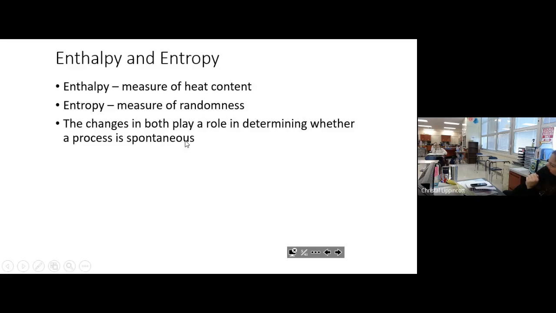We don't like to use the word spontaneity. We use the word thermodynamically favorable. So I talk about spontaneous here, but they don't like that in AP land, okay? They like thermodynamically favorable, so you will hear me using that more.